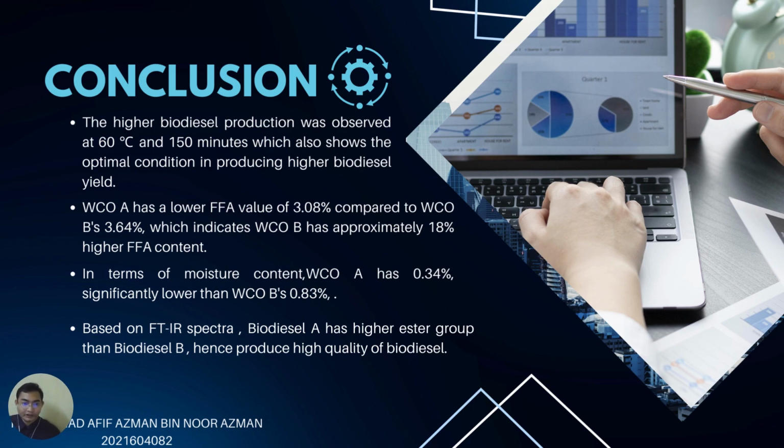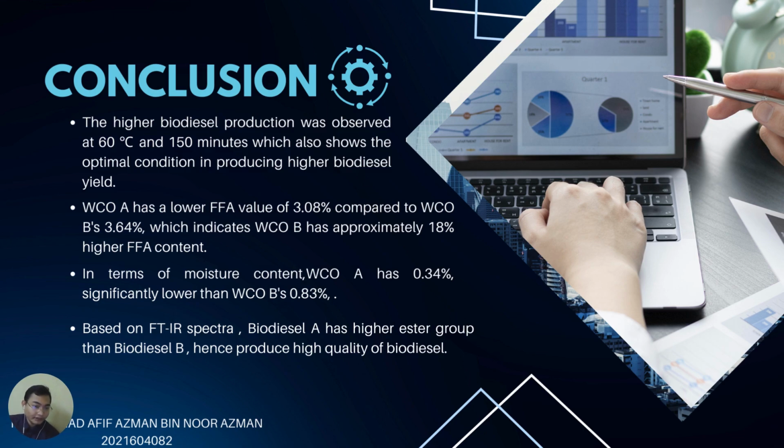Thus, in conclusion, the higher biodiesel production was observed at 60 degrees Celsius and 150 minutes, which also shows that both conditions obtained their optimal condition to produce the higher biodiesel yield.